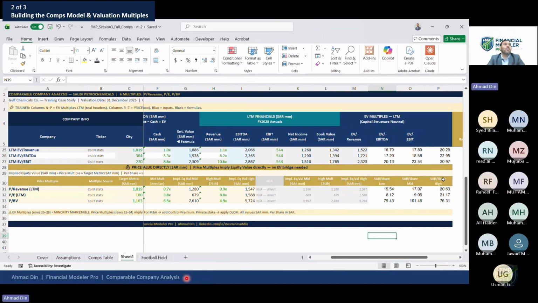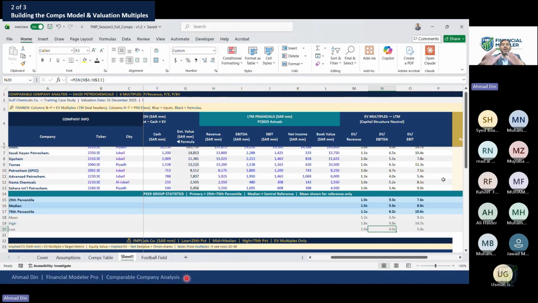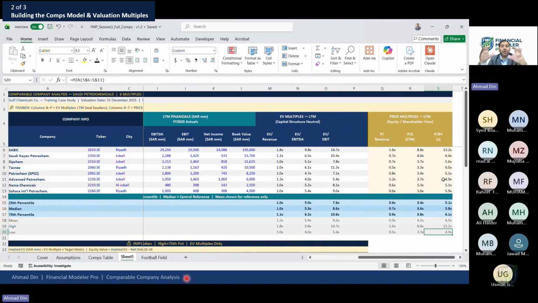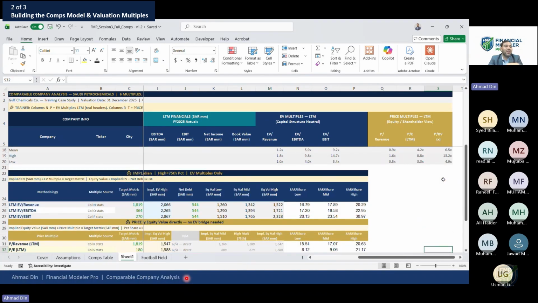Okay. So up to this point it is clear how we get the financials, how we calculate the multiples step by step, and how we get the ranges by applying 25th, 75th, median, mean, low and high. We get all 6 parameters, and they show us which are effective. It gives us an indication of which multiple and which level we have to use, and then we apply it to the company financials.